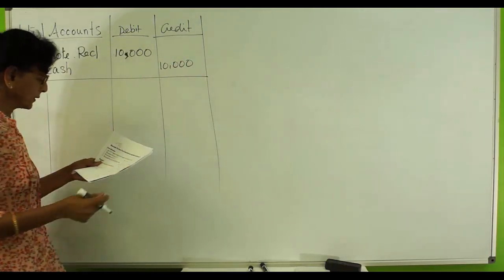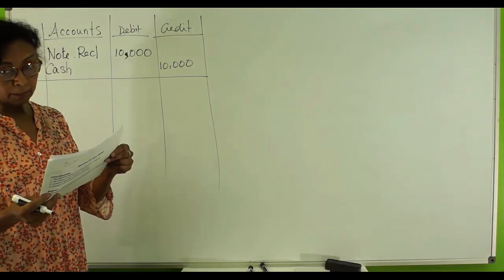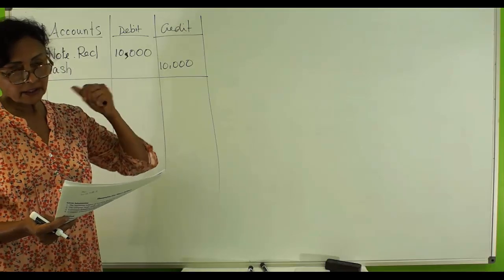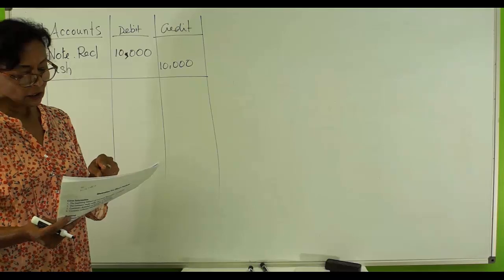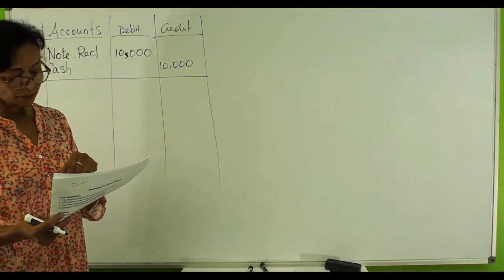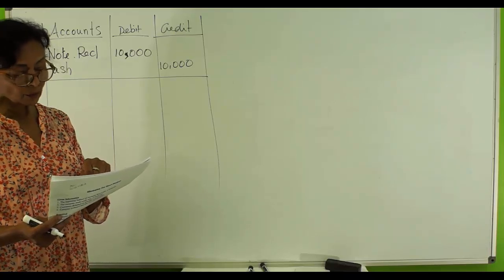Now this note, the interest on the note is 12%. When they quote the interest, it's always for 1 year on an annual basis. So the annual interest rate is 12%. The note matures on October 1st of 2023.